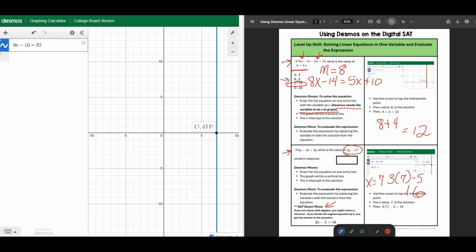If you notice you have 6, 10, and 32, and all of these numbers are divisible by the number 2. If you divide each of the numbers in this equation by 2, you will get the simplified expression 3x minus 5, which is actually equal to the 16.